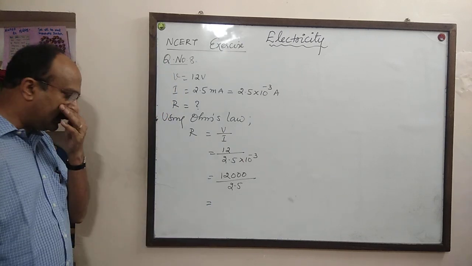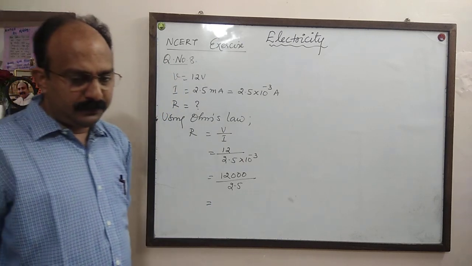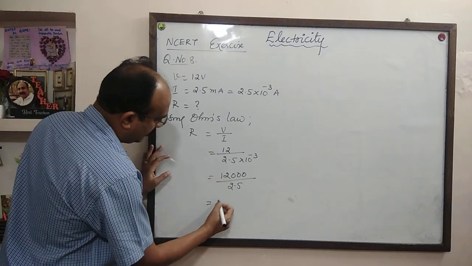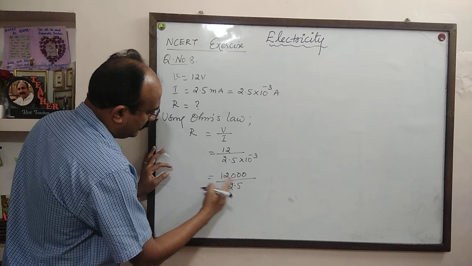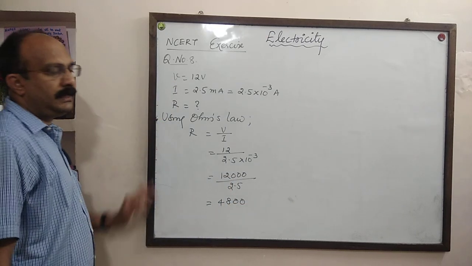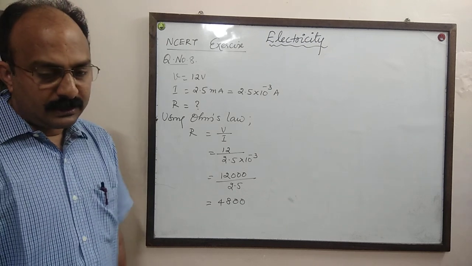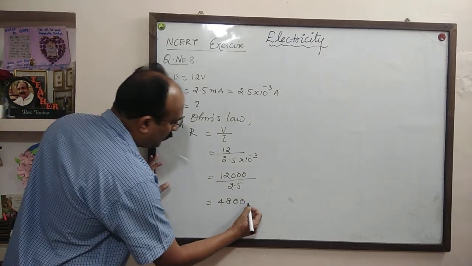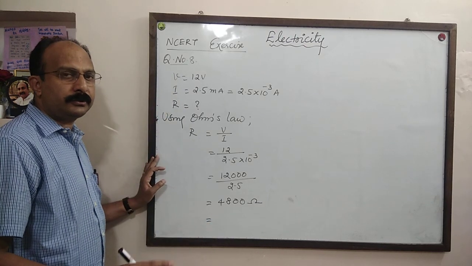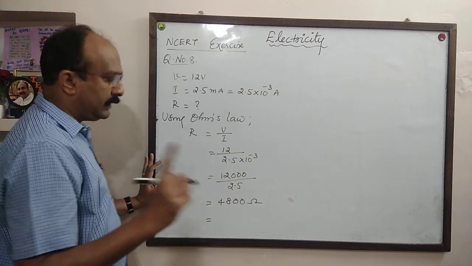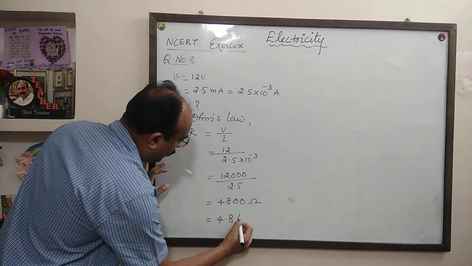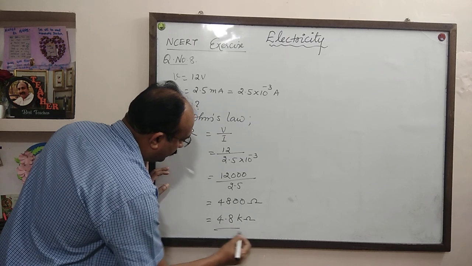That is 12000 upon 2.5, which is 4800. So the answer is 4800 ohm, or you can make it kilo ohm also. 1000 ohm is called 1 kilo ohm. So dividing by 1000, it is 4.8 kilo ohm.